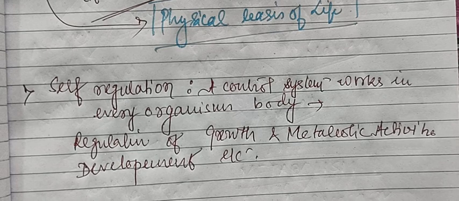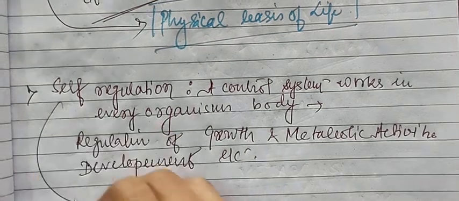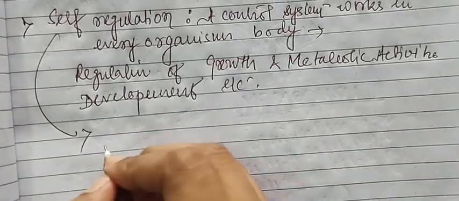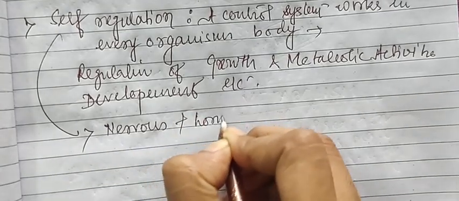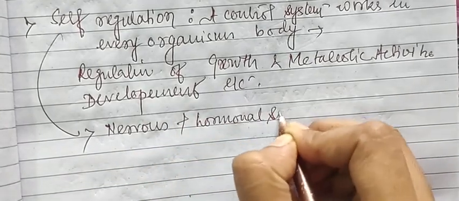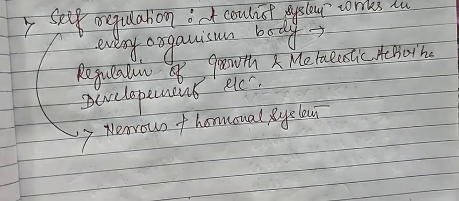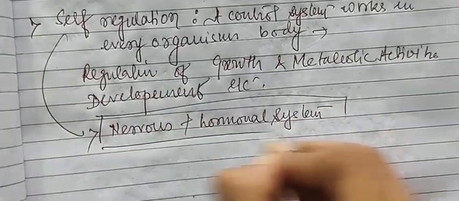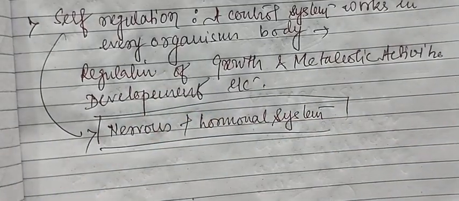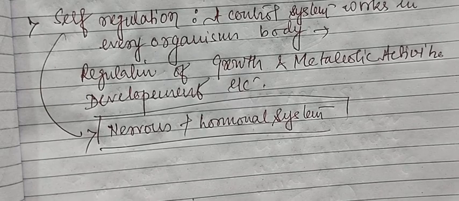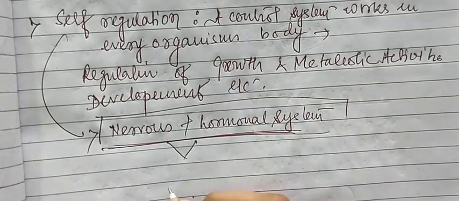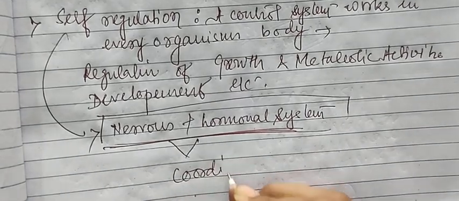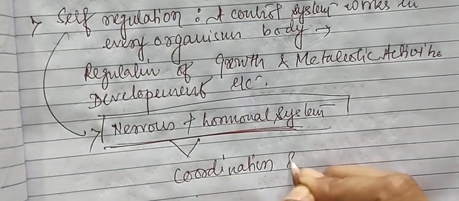Most animals have a nervous plus hormonal system. Most living beings have the nervous and hormonal system.